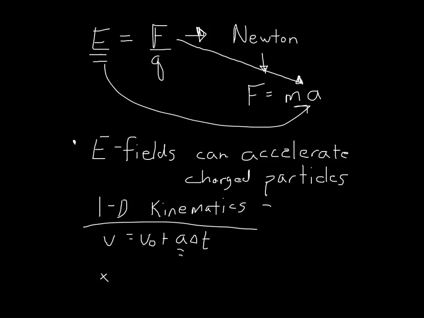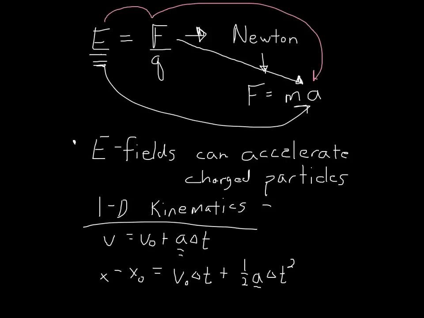Or we also have position minus initial position. So the change in position is equal to initial velocity times the change in time plus 1/2 times the acceleration times the change in time squared. Where again, remember, this acceleration comes because of this electric field and the interplay between the electric field, the force, and Newton's second law. And in a nutshell, that is chapter 23.